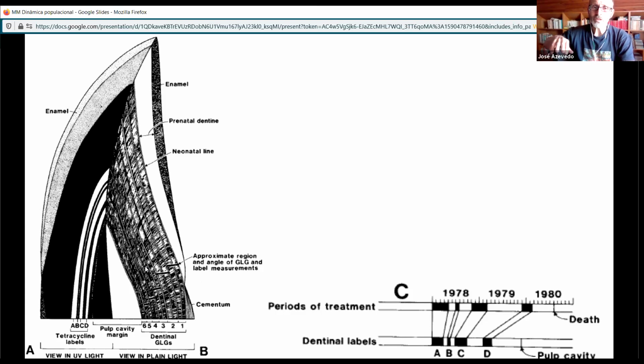Marine mammals, and particularly odontocetes, continue growing. They grow almost like a fish. We can assume that the growth is continuous but asymptotic, which means that they grow continuously, but they grow slower and slower as they get old.